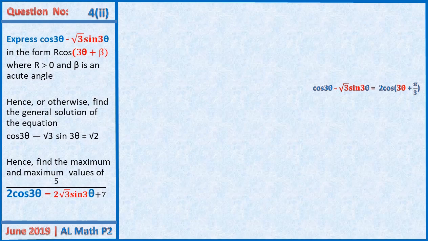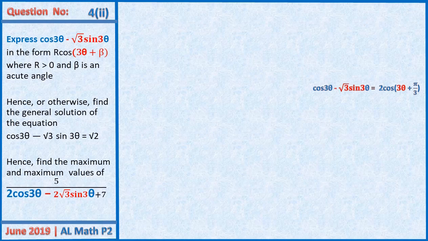Now the next part says, hence, find the maximum and the minimum values of that expression, which is 5 on all of that. In my previous work, they said hence, it means I must continue with what I have in the previous work. So I obtain cos 3 theta minus root 3 sine 3 theta equals 2 cos (3 theta plus pi on 3).